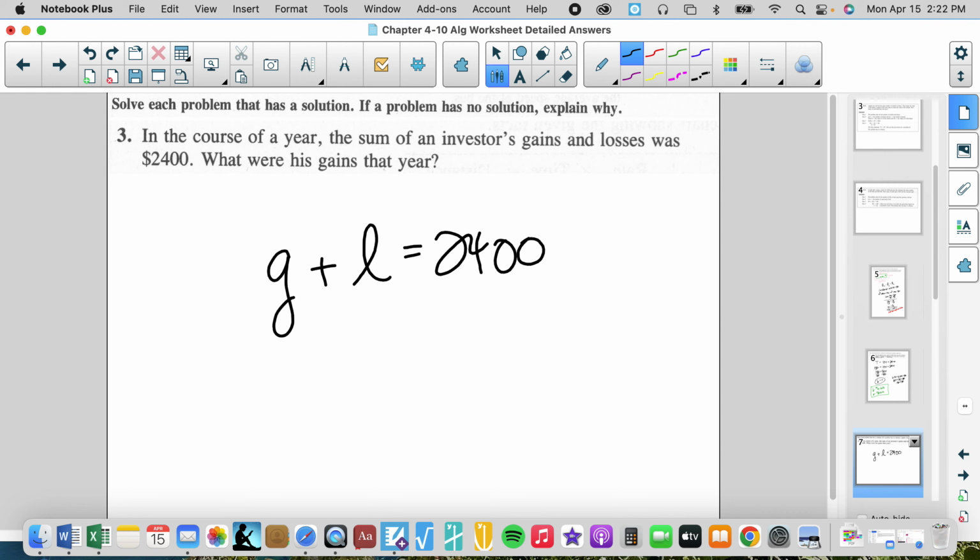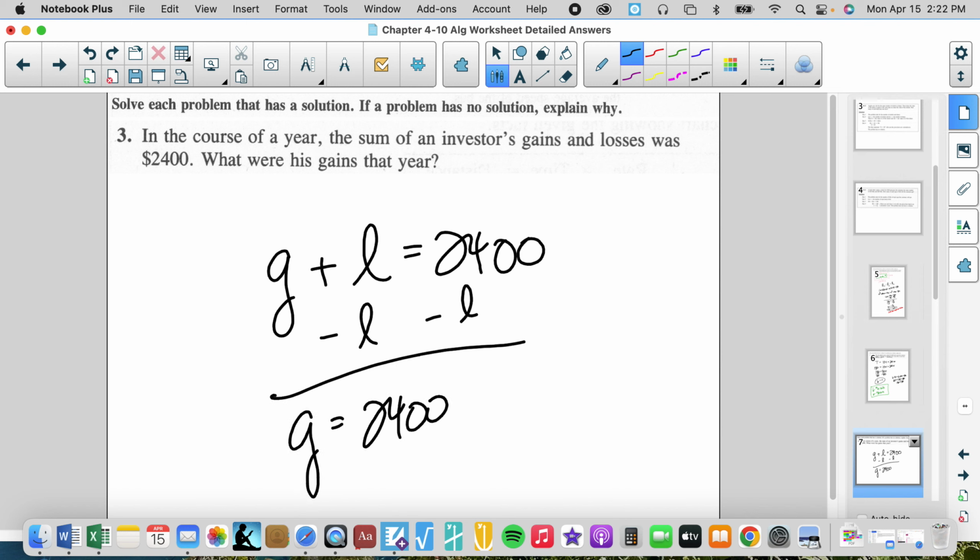If we wanted to find out the gains, we would subtract the losses, and gains equals 2,400 minus losses. That's kind of a trick because your losses are going to be negative. There's 2 ways, but I'm just going to do gains plus losses equals 2,400, with the understanding that losses are going to be recorded as a negative number. So you'd insert a negative number, and then you'd have the 2 negatives, which would make positive.